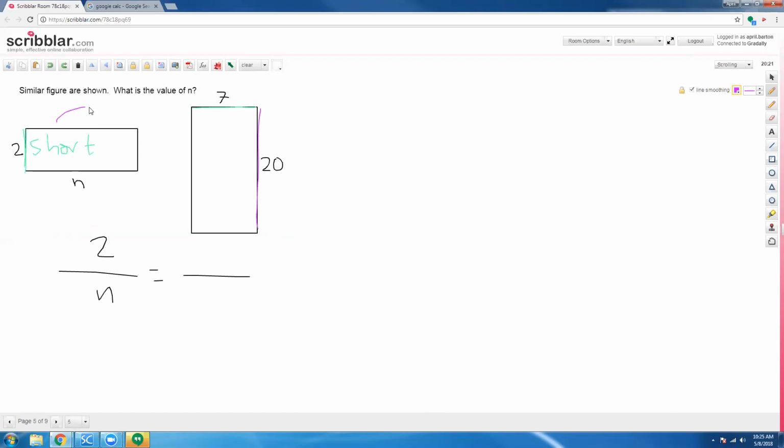What happened is they rotated the rectangle when they made it bigger. So you're actually looking at the picture and saying which piece is actually physically shorter and which piece is actually physically longer. So once we have that set up, again, we cross multiply.